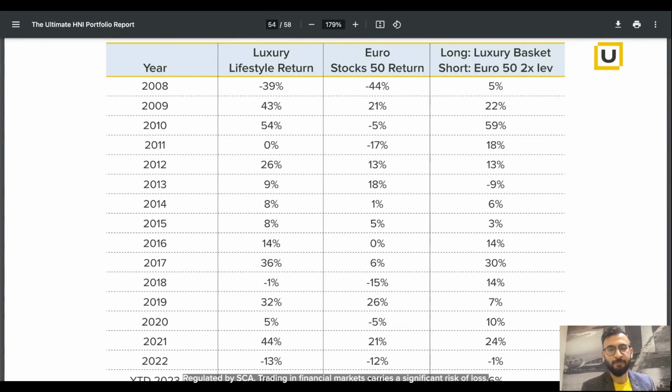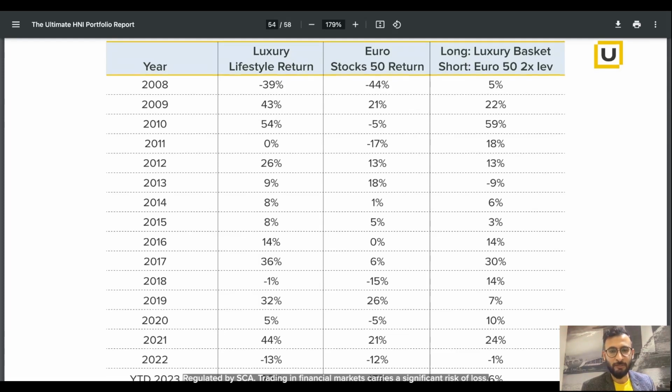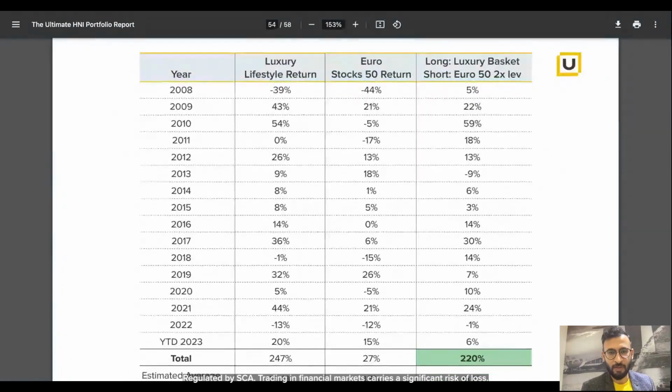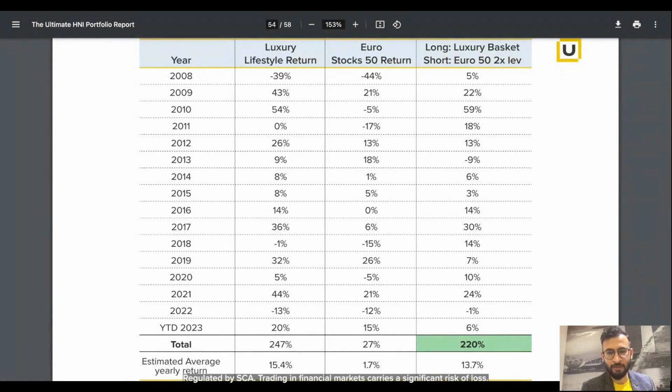In 2008, luxury lifestyle fell by 39%, Euro fell by 44%. In 2009, luxury went up by 43%, Euro went up by 21%. In 2010, a 54% gain versus a 5% loss. I will keep this on.